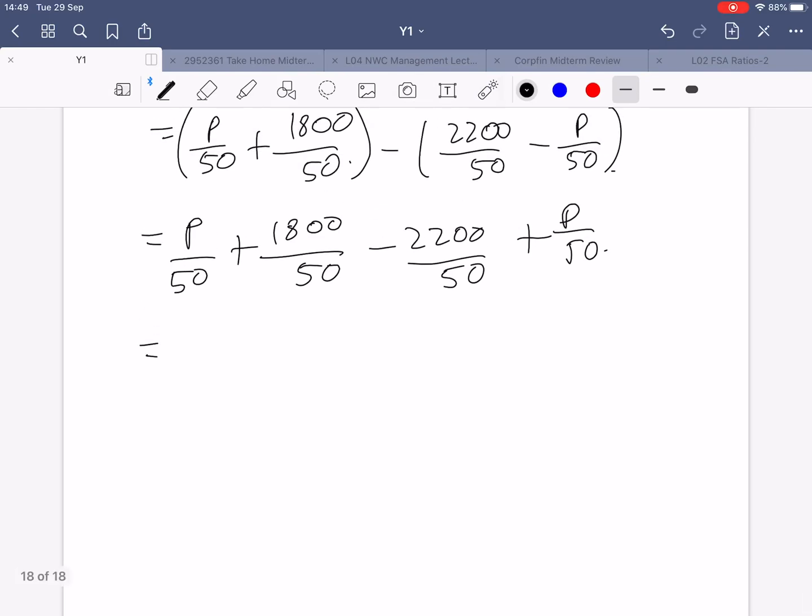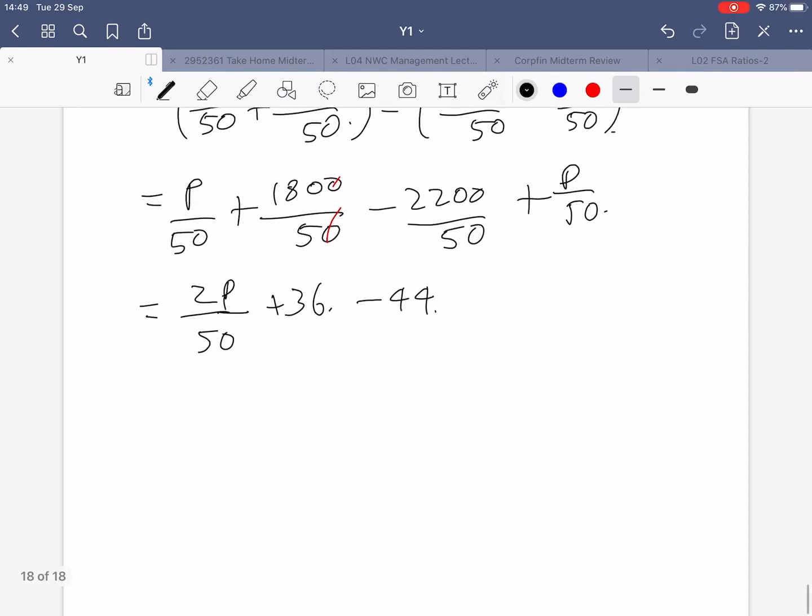So we can find this as 2P over 50, and this is going to be 1800 minus 2200, which is minus 400, or we can simplify this equation.